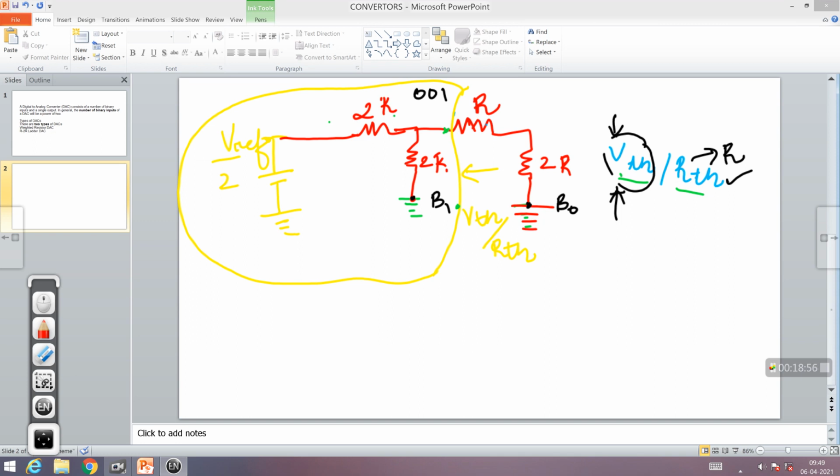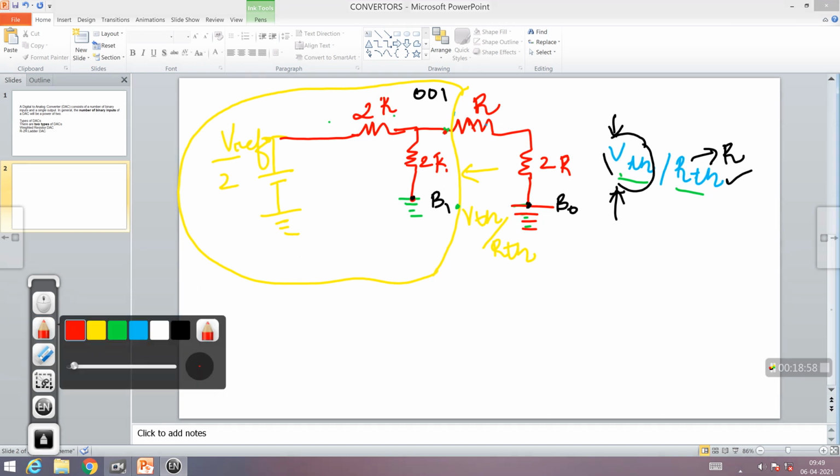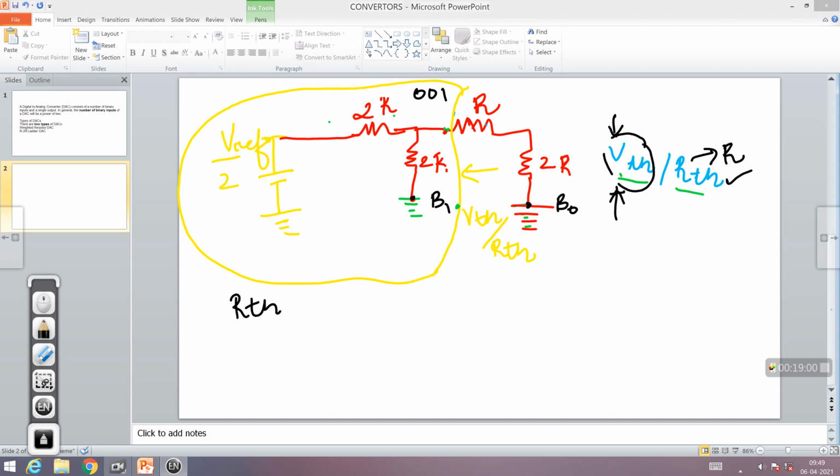Now to find my RTH for this particular network, this Vref will have to be set to 0.